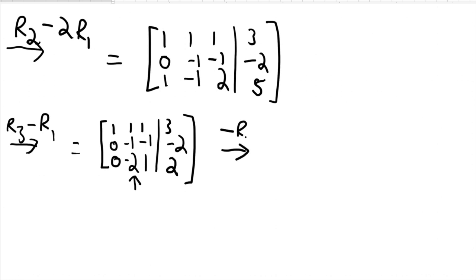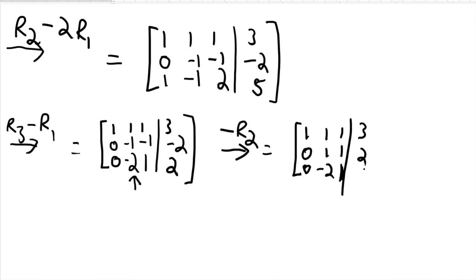So minus row 2, and that'll give us 1, 1, 1, 0, 1, 1, and then row 3 will be the same as well, and then we'll have 3, 2, 2. Now we need to make the elements in that second column beneath that leading 1 be 0. This is the leading 1. So we need to make this -2 become a 0.